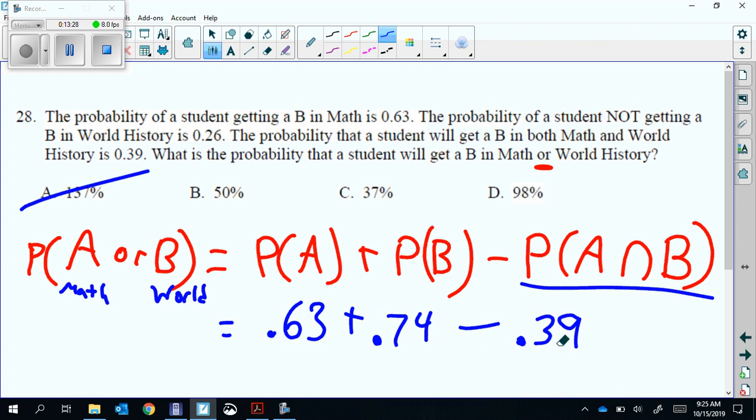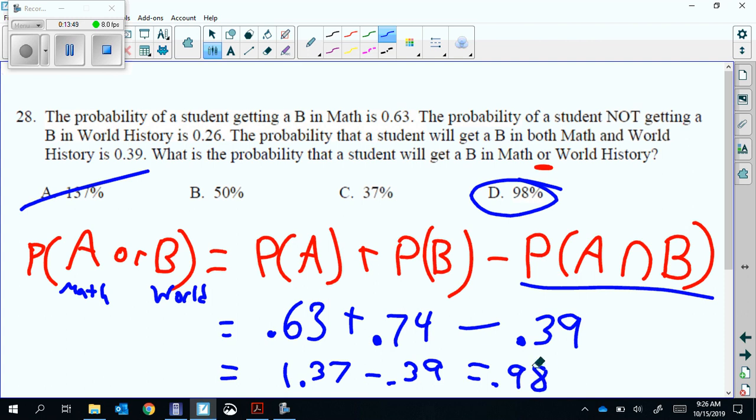Or is it? 0.63 plus 0.74 is 1.37, minus 0.39 is 0.98. Yeah, probabilities should never be over 100% unless there's a mistake. So that's why A was out automatically.